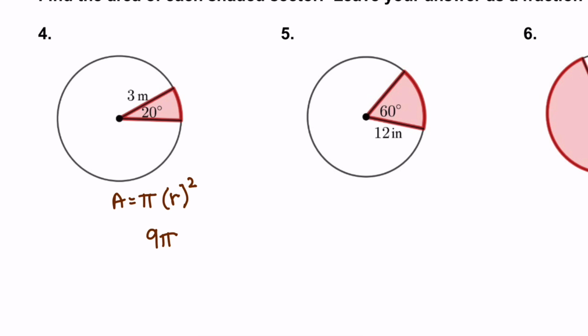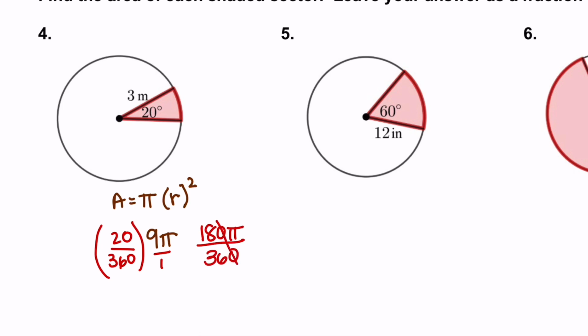But we don't have the area of the whole circle. We just have a fraction of it. We have only 20 degrees out of the whole circle, which has 360 degrees. If I times straight across the top, I have 180 pi out of 360.